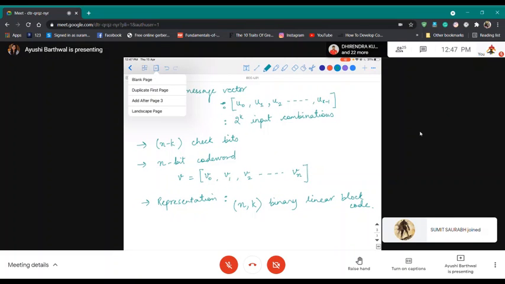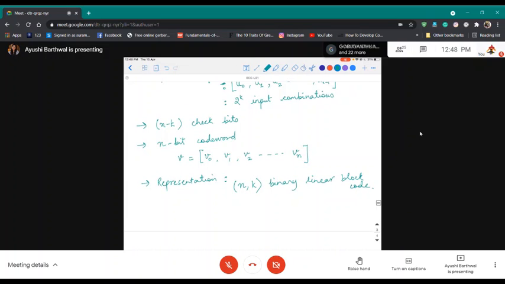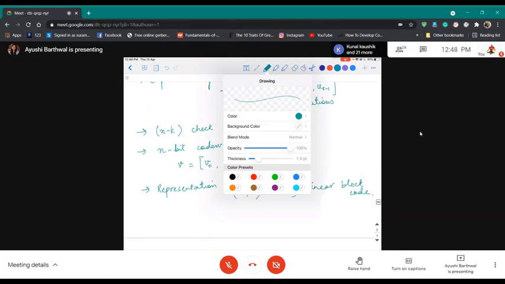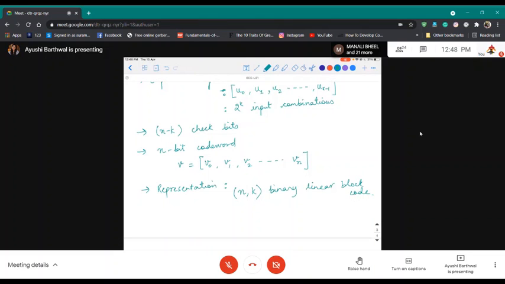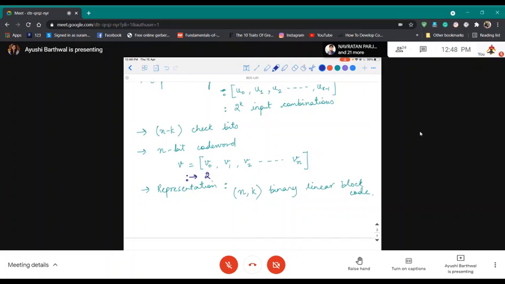So since we have an n-bit code word, there will be 2 raised to the power n combinations of code words, and among these combinations, only 2 raised to the power k valid and unique code words will be there.